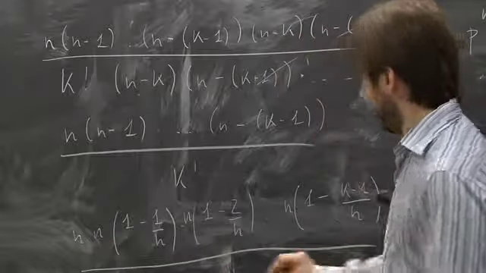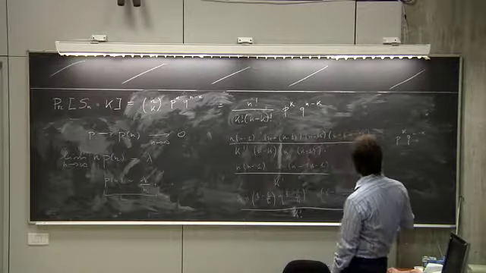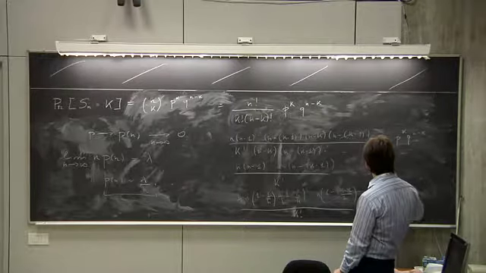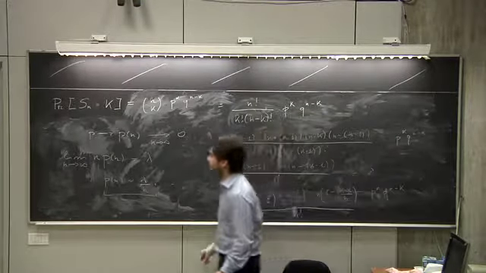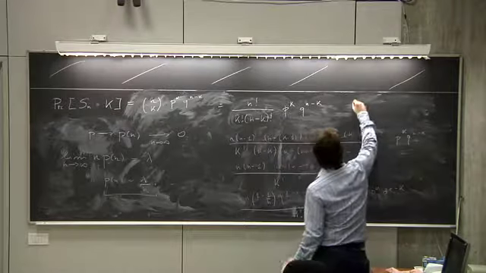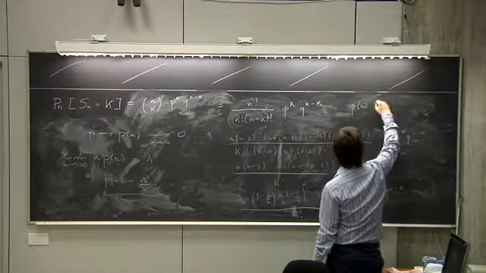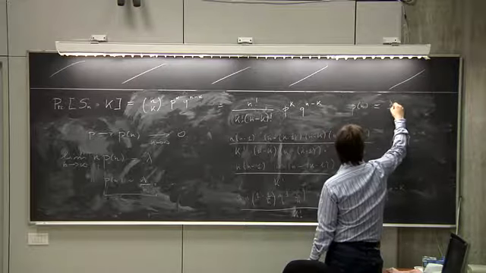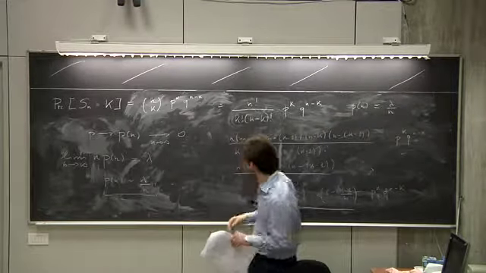This is divided by k factorial, and here you have p to the k, q to the n minus k. So at the end, let me just write down here so you can remember this. This is approximately equal to lambda over n. This is all true in the large n limit.